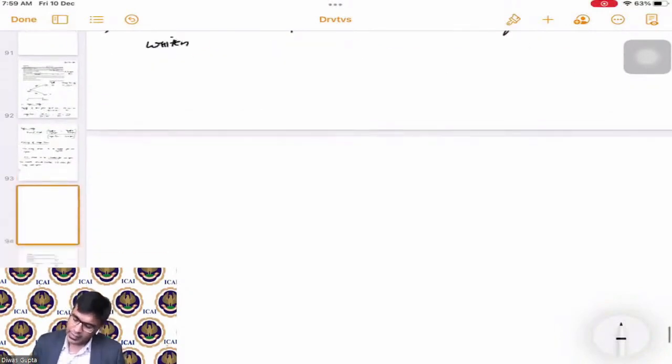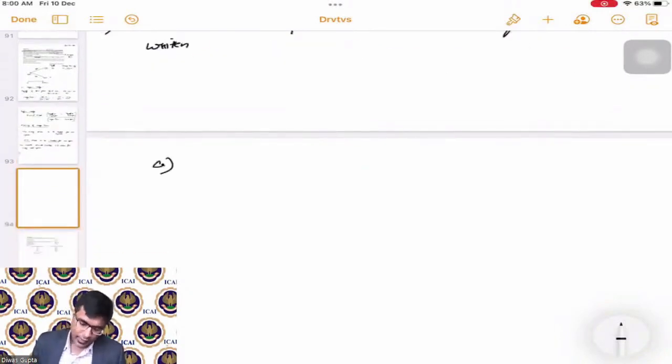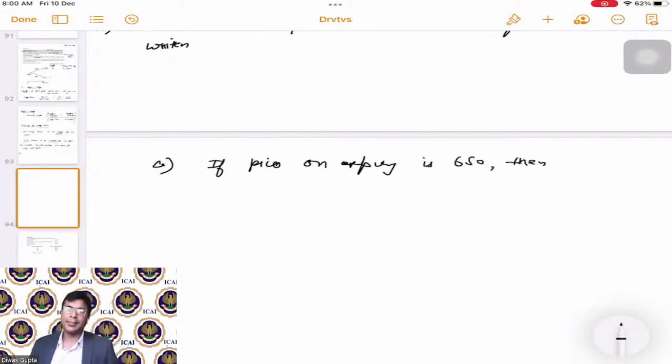Now, let's go to the A part. If spot price on expiry is 650, then what is going to happen? He has how much of shares? 0.5 of shares. Actually, practically, you can't do that. But I'm using 0.5 just because this can be increased to, let's say, 2 also.